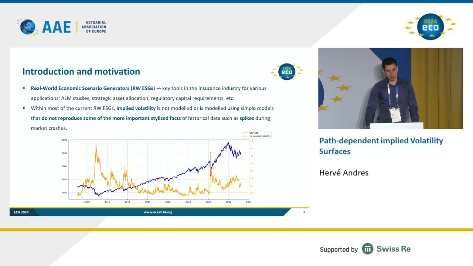The problem with the simple models, especially, is that they do not reproduce a key stylized fact of historical data, which is that implied volatility is not independent from the underlying asset price. When the price drops, you observe a spike in the implied volatility. So if you want to do realistic simulation of implied volatility, this is one of the stylized facts you would like to be able to reproduce.